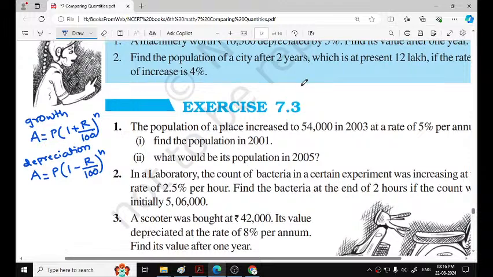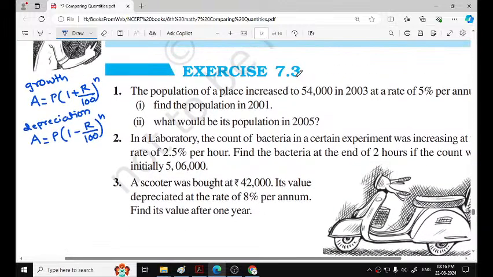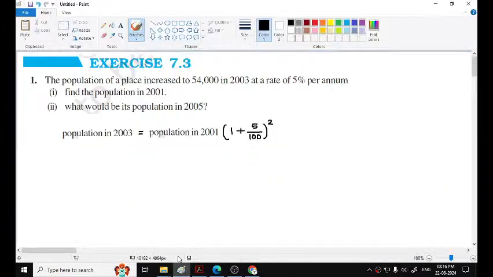Okay, so now let us try to solve exercise 7.3. The population of a place increased to 54,000 in 2003 at the rate of 5% per annum. This is the increased population in 2003, and we have to find out the population in 2001, 2 years before.